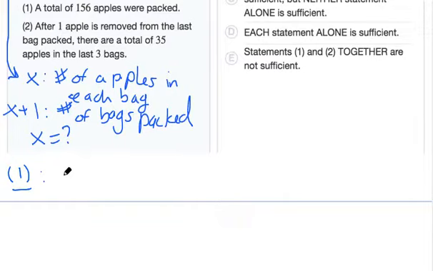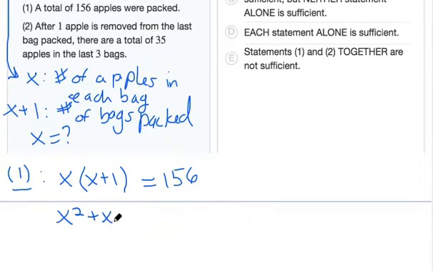If a total of 156 apples were packed, this means that x, the number of apples in each bag, times x plus 1, the number of bags packed, will equal 156. Distributing our x and moving the 156 to the left-hand side, we end up with x squared plus x minus 156 equals 0. Now this is a quadratic equation that we can solve.